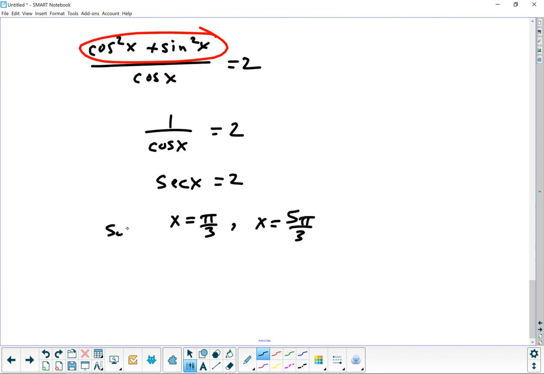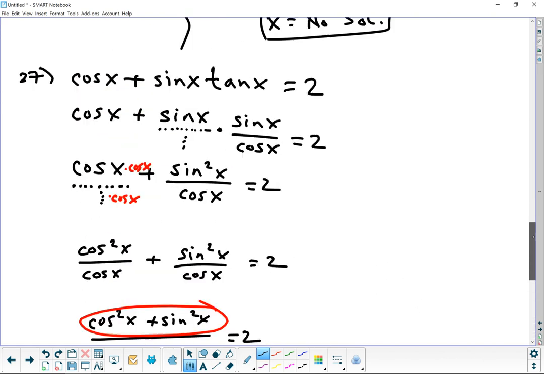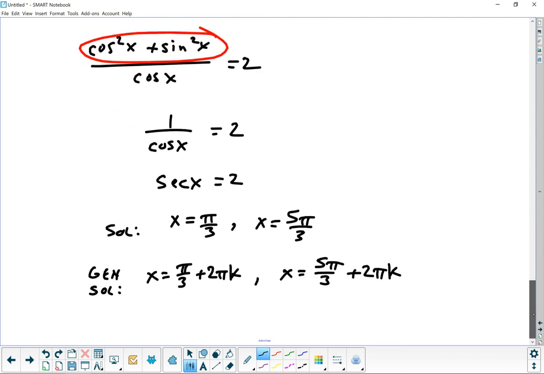Okay, those are your solutions. General solution is going to be x equals pi over 3 plus 2 pi k. You need the whole thing. And then x equals 5 pi over 3 plus 2 pi k. The whole thing also. Okay, and that was 27.